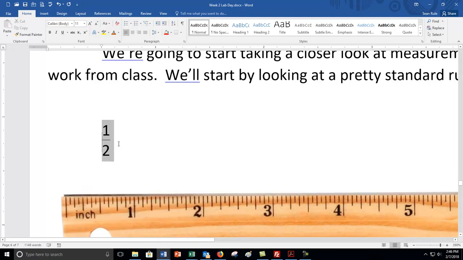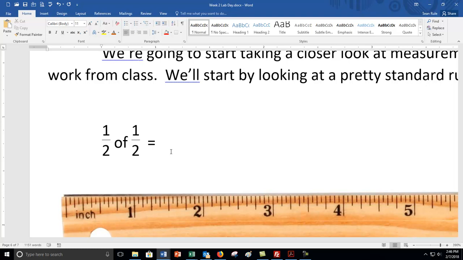Okay, there's your half. Then we've got to take half of a half. So now you have to think back to what that means. If you already have half, think about the visual of what a half looks like, half a circle for example, and then you take that half of the circle and cut it in half. We talked about this in class quite a bit.